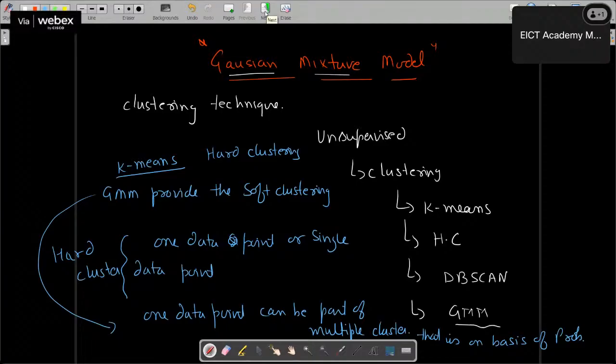The second advantage of GMM is that it provides the density estimate.